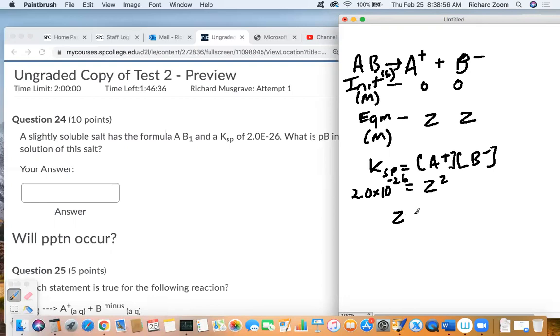I have a question. Yes. Why is it Z squared and not 2Z? Because if you look at the Ksp, it's A plus times B minus. Oh, okay. Right, so it's going to be Z times Z, which is Z squared. So Z is going to be the square root of 2.0 times 10 to the negative 26.